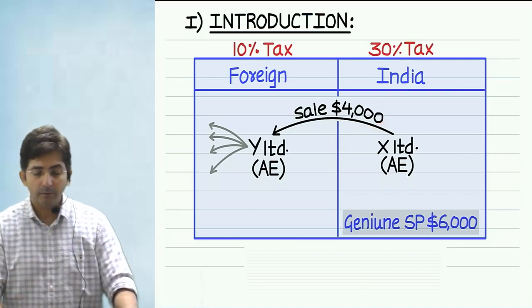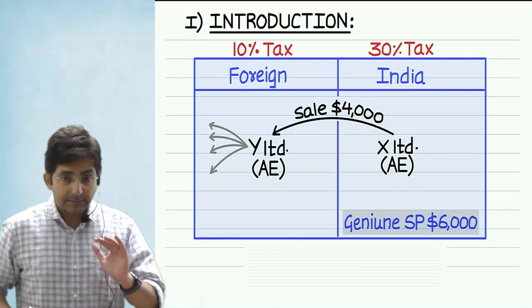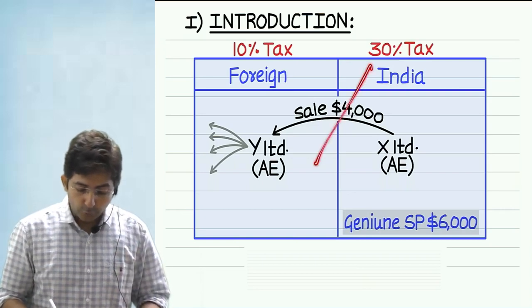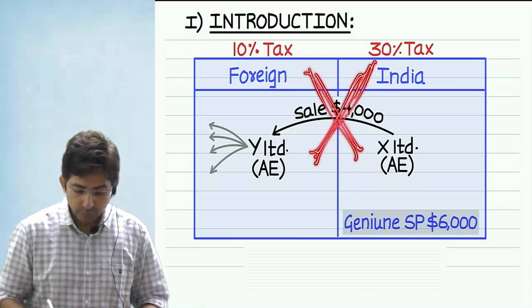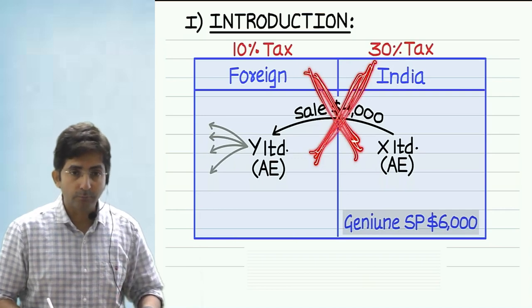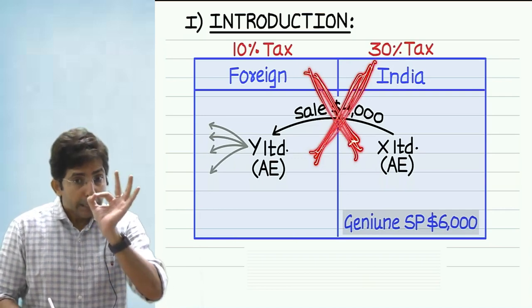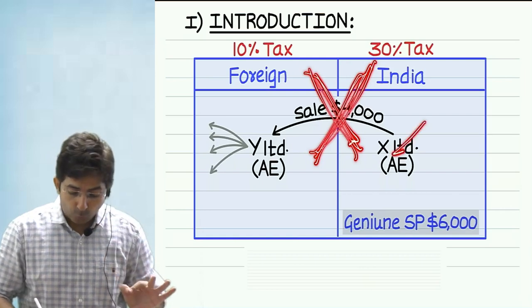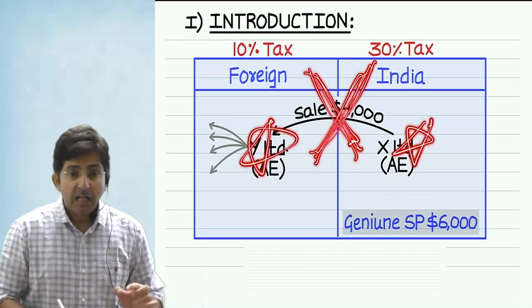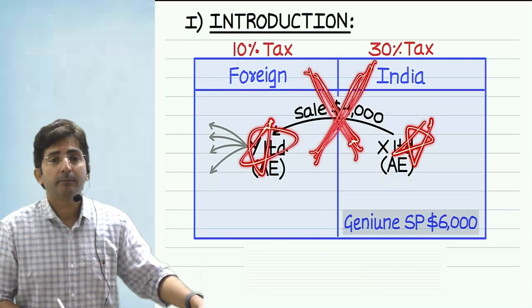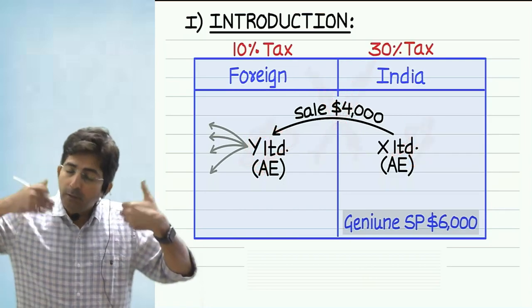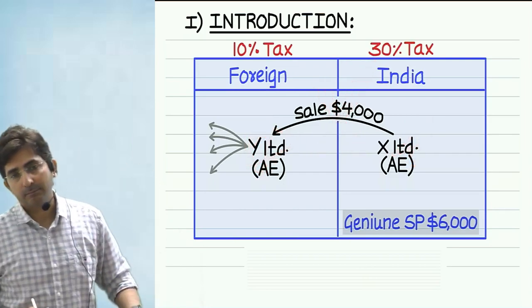But wait, when I said this, how can you just reject this price? It can be genuine also. So for this, you know what the law has said? If we come to know that the two parties are associated, we will not believe your price.